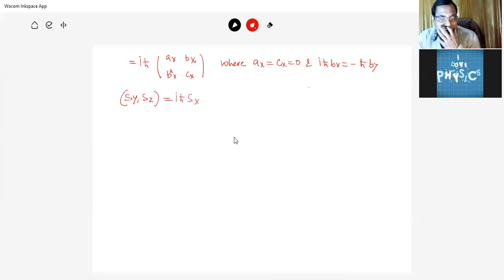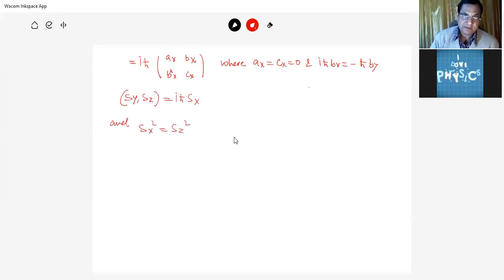And Sx square is equal to Sz square is equal to H cross square by 4.